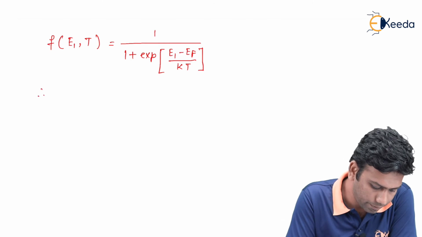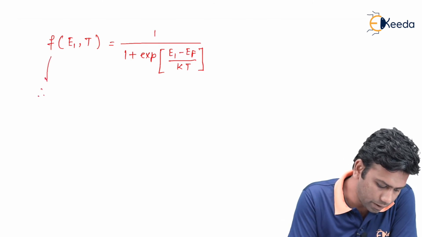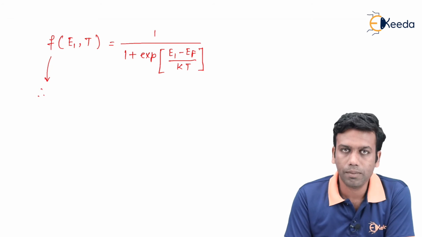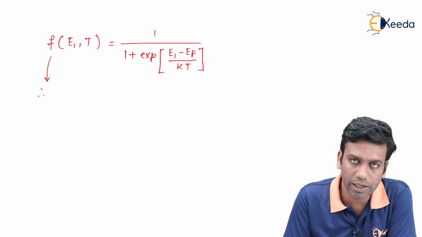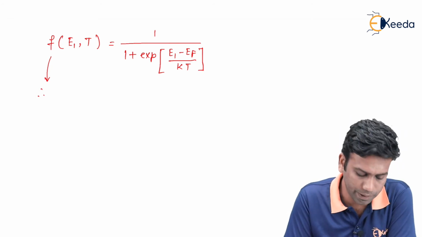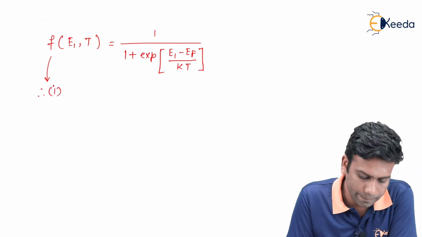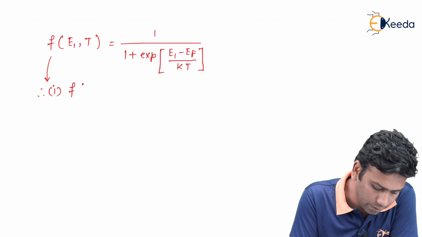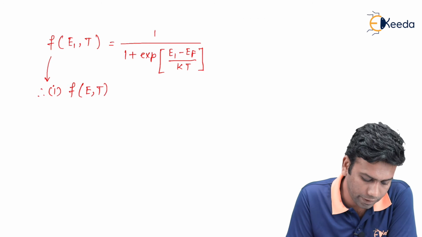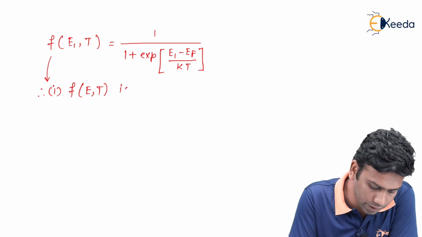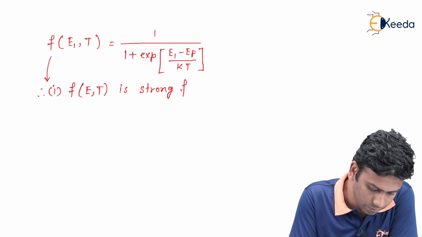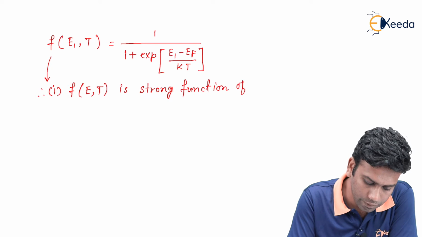So, from this equation we can conclude several statements. The first statement is that this function, the Fermi-Dirac function F of E, T, is a strong function of temperature.